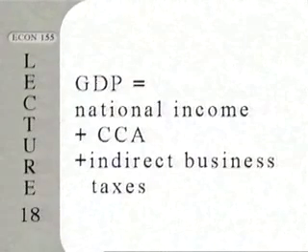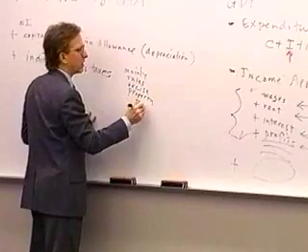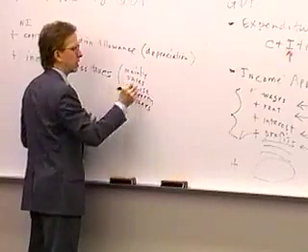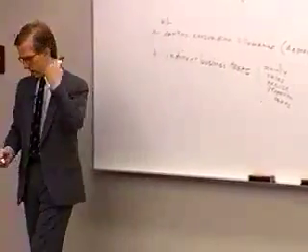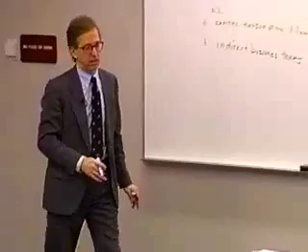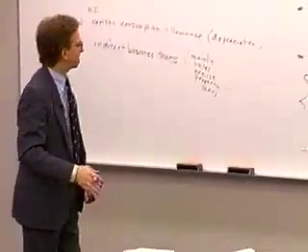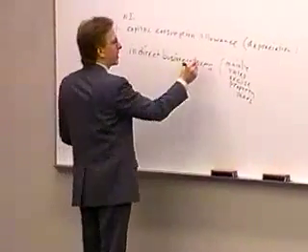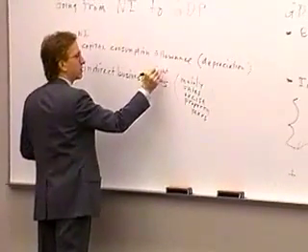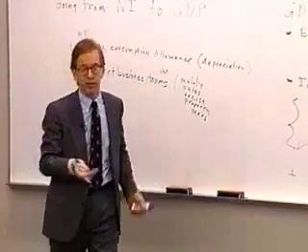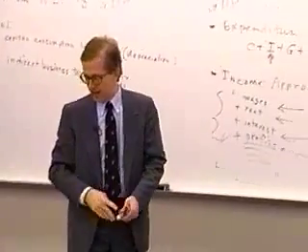Indirect business taxes are mainly sales, excise, and property taxes. Almost entirely. You may want to abbreviate this IBT because there's nothing else that sounds like IBT, so once you put it there, then you've got it.